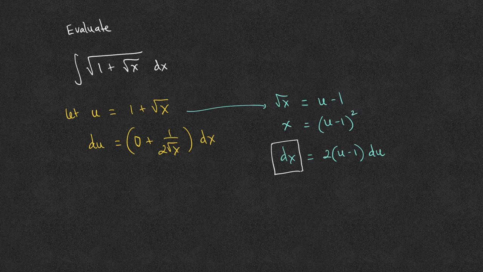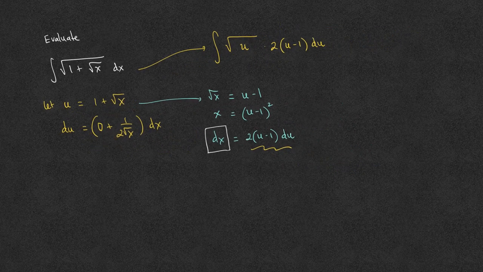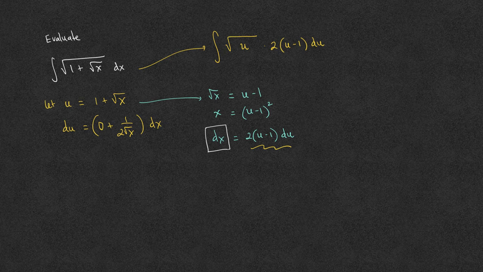The given integrand is now rewritten as the integral of the square root of 1 plus the square root of x, which is u, and dx by itself is 2 times u minus 1 du. This is promising because we can use the power rule after we simplify this.